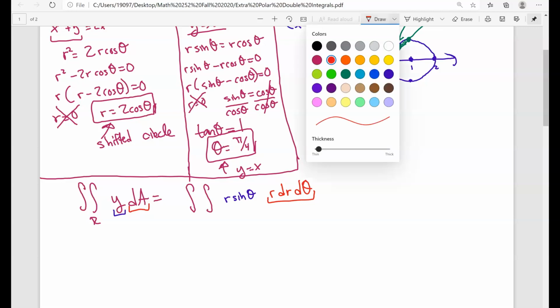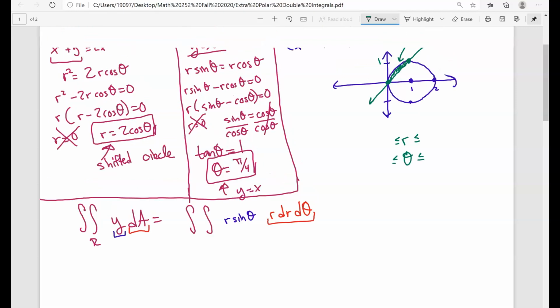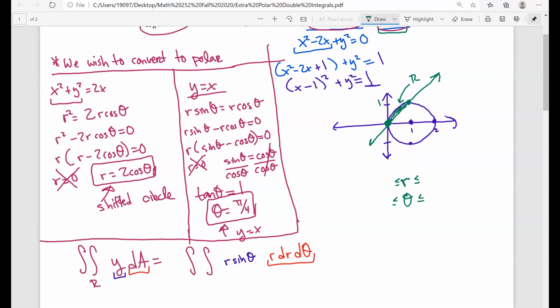Now what we want to do is set up the limits of integration: the limits for r and the limits for theta. And here's the tricky part. We have to look at our graph. Remember that r always starts at the pole, and we're in polar world. This is not going to go from 0 to 1, because we're not centered at 0.